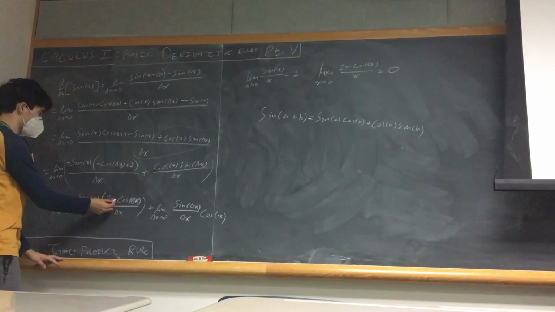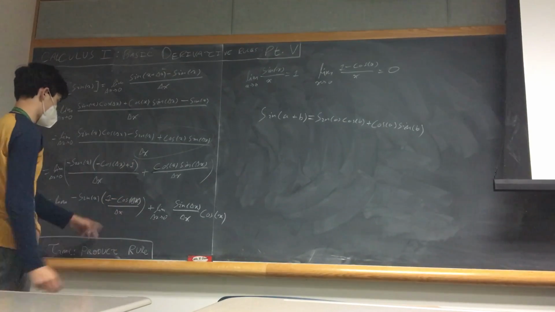So we look at this here, 1 minus cosine delta x over delta x.